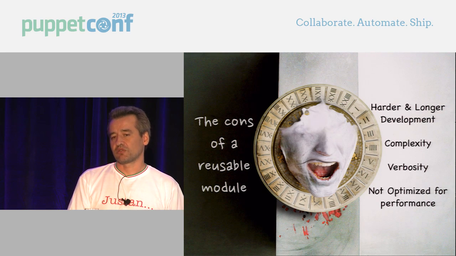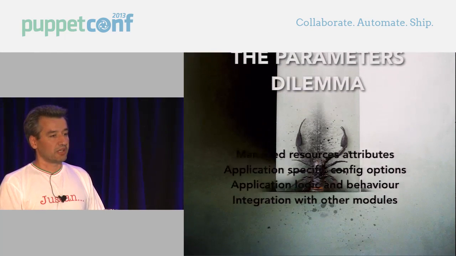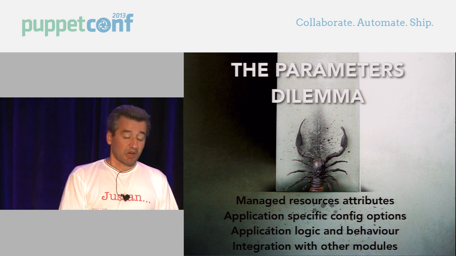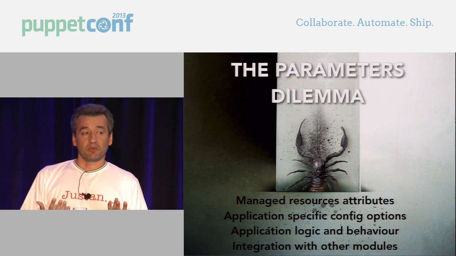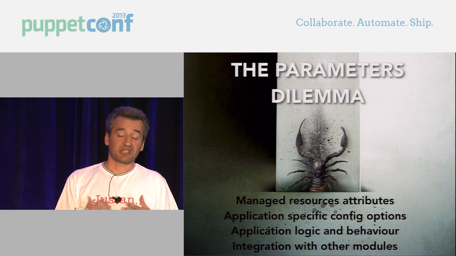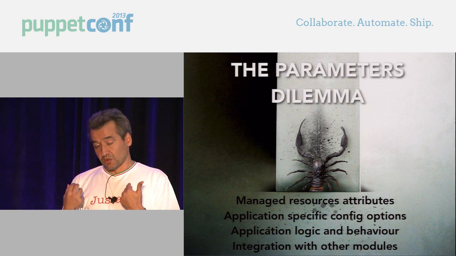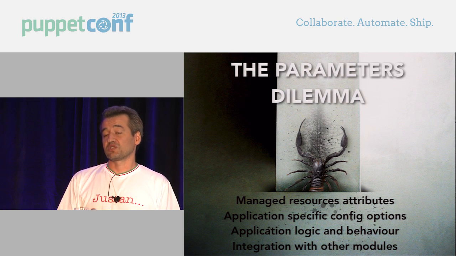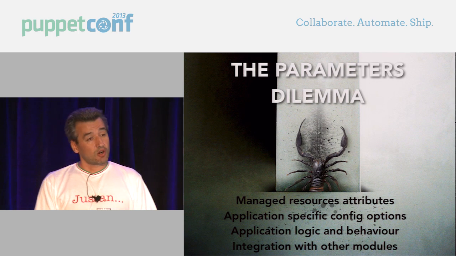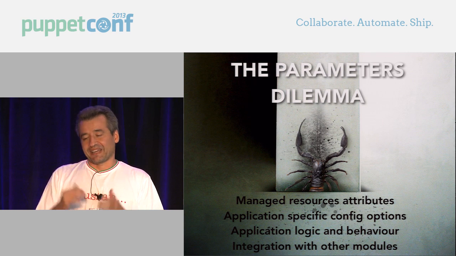But now we will talk about what the points could be in a reusable module. When we talk about modules and reusability, we are also talking about the APIs it exposes, the parameters that allow the users to set and use the module as they want. These parameters cover different areas of the module.